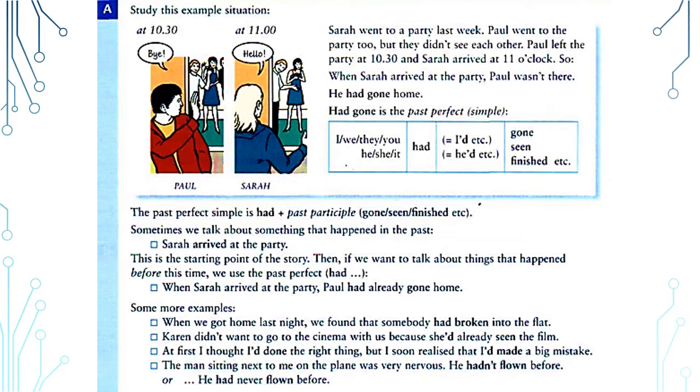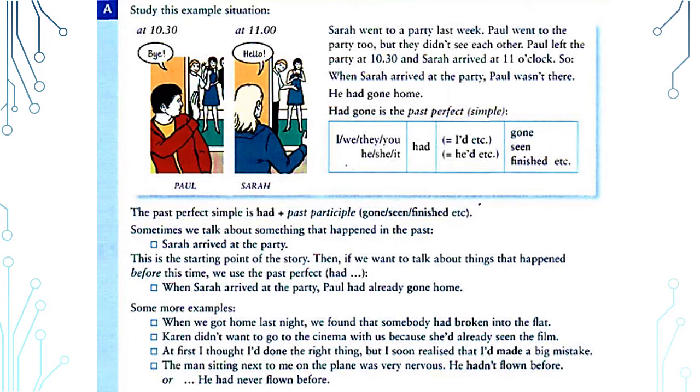Study this example situation. We have 10:30 and we have here 11. Sarah went to a party last week. Paul went to the party too, but they didn't see each other.